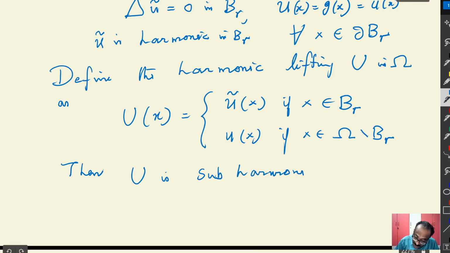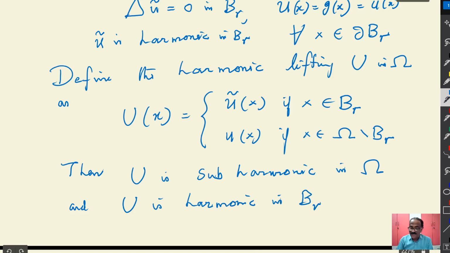So the sub-harmonicity is not lost by defining this. Sub-harmonic in omega, and U is harmonic in the ball BR, and it's the same value outside the ball. So whenever your function is given, you can take any ball you like.